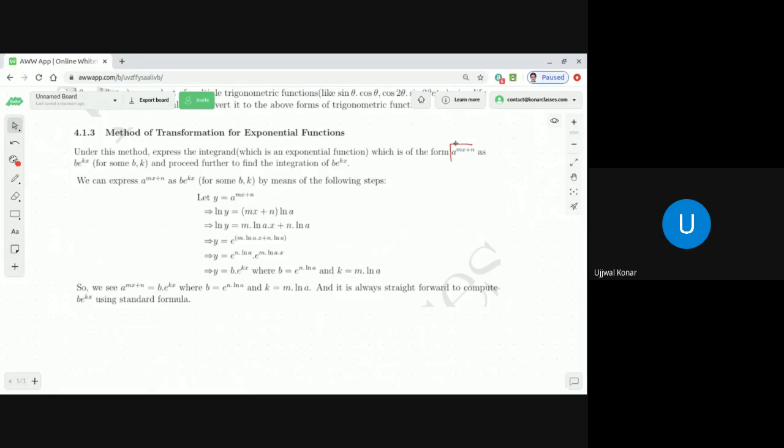Or I can write here that the integrand given to you is a power mx plus n. Got it, no, dear students? Yeah. So what are we transforming it to? We are transforming it to the integration of b into e power kx. That is the transformation we are doing.